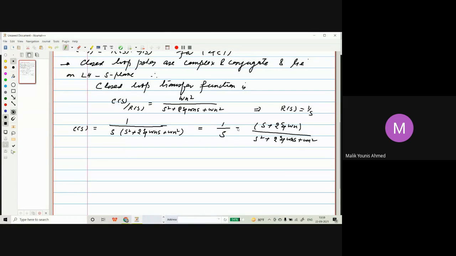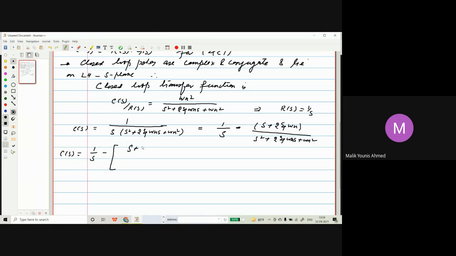So we can manipulate this, and you can use partial fractions also, but this is a simple manipulation we can do here. So I'll write C of S equal to 1 by S. I don't have any problem getting the Laplace inverse of this, but I have to see what I can do for the other term in order to get the Laplace inverse.